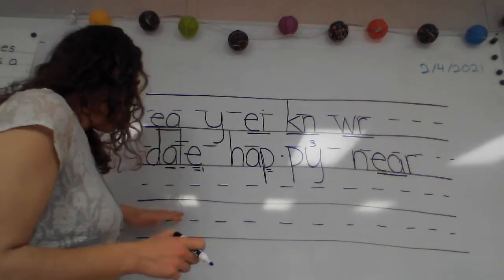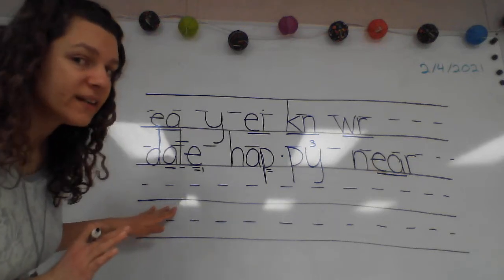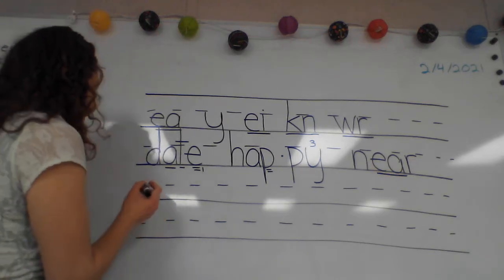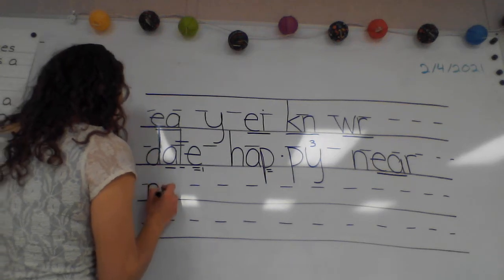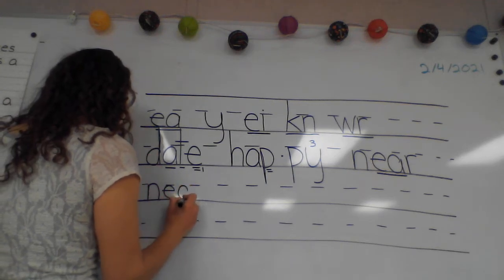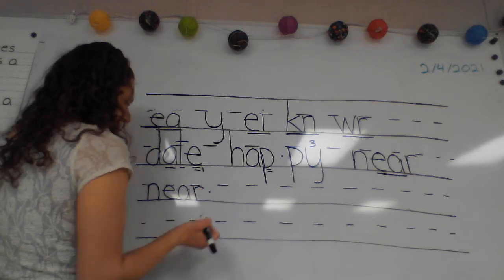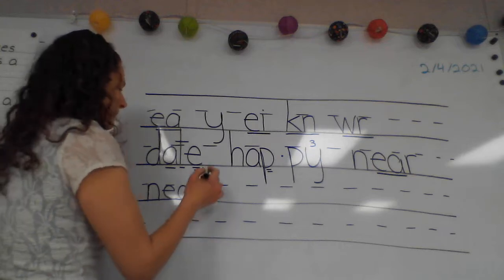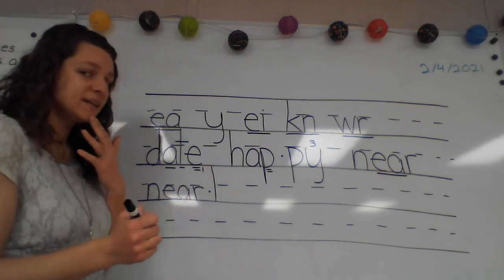All right, class. What is our base word for nearly? Good, near. Which E do we use in near? Good, E-A. And for the second syllable, what is it? Good, l. And then good, E. Which E?